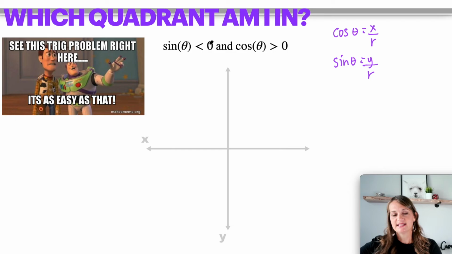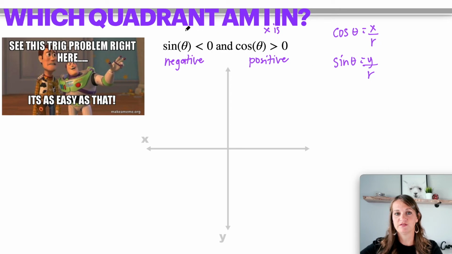This says that sine is less than 0, which means it's negative. And cosine is greater than 0, which is positive. So, if you think of it in terms of x over r and y over r, cosine, x is positive, and sine is negative, which means the y value is negative. So where on the coordinate plane is x positive and y negative? In quadrant 4.